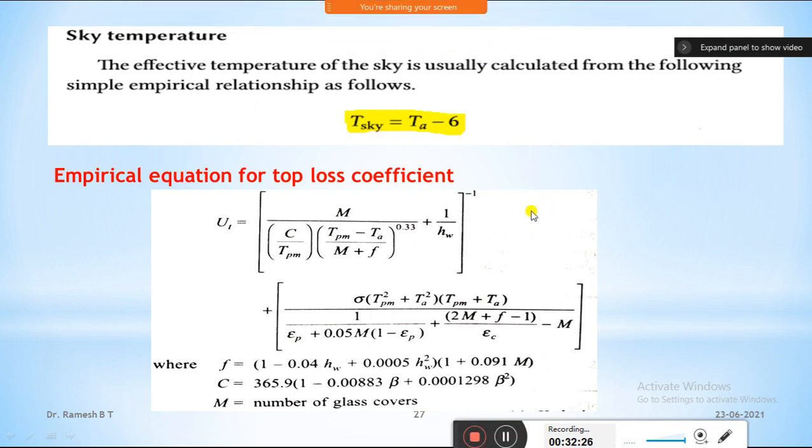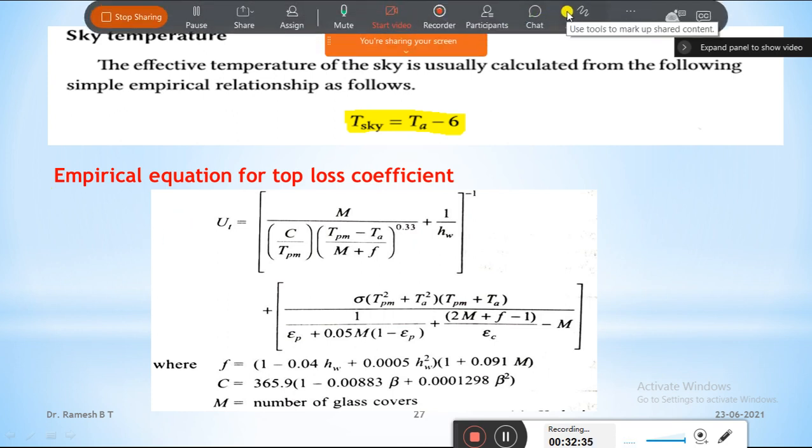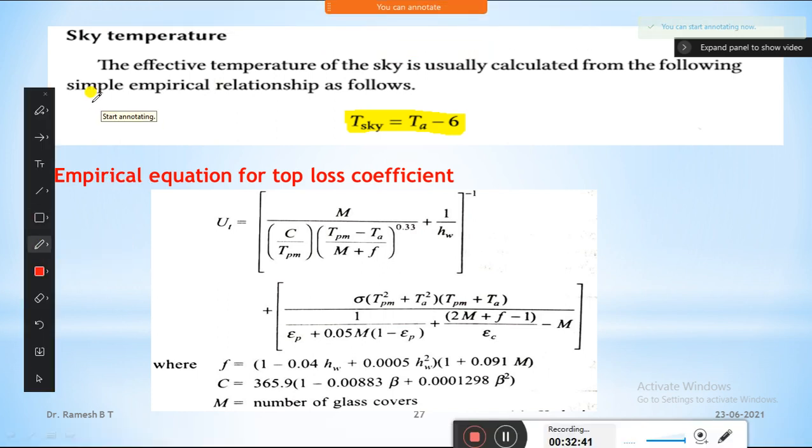Yes, finally what we want is UT, the top loss coefficient. That is what we needed, and we can write it using all the equations.